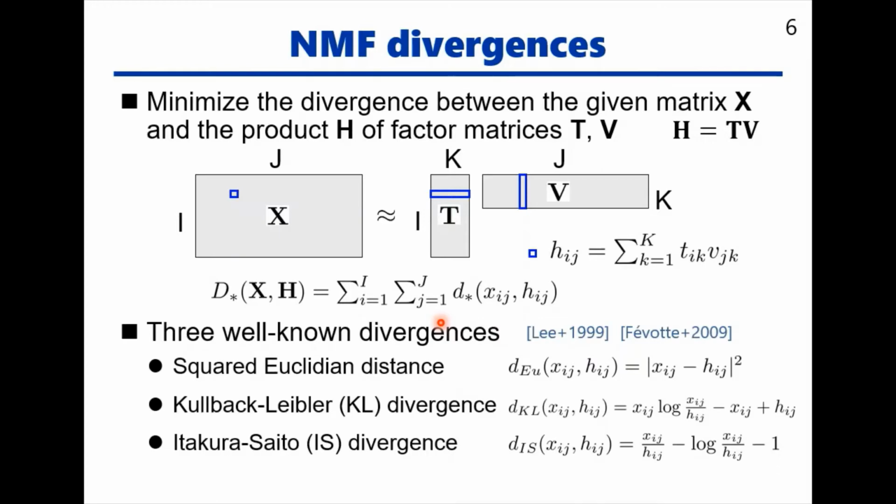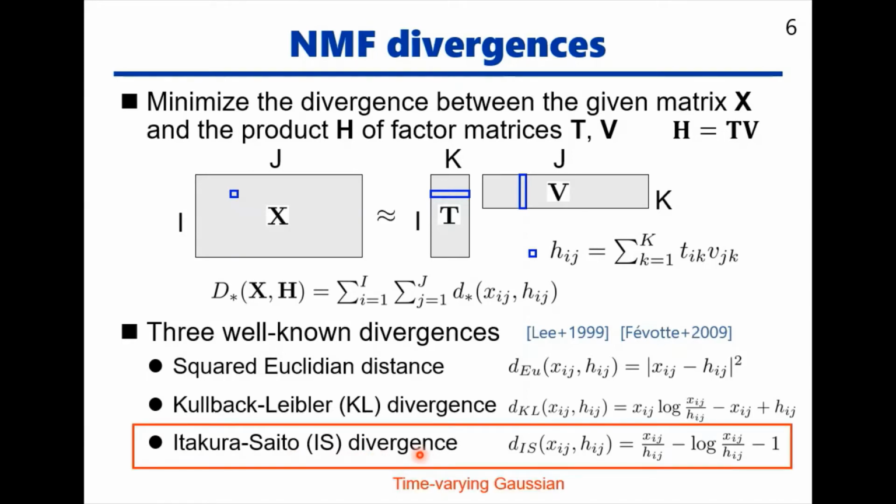And for the element-wise divergence, 3 types of divergences shown here are well known. Among them, we particularly employ Itakura-Saito (IS) divergence because it has a strong connection to the time-varying Gaussian distribution explained in the previous section.